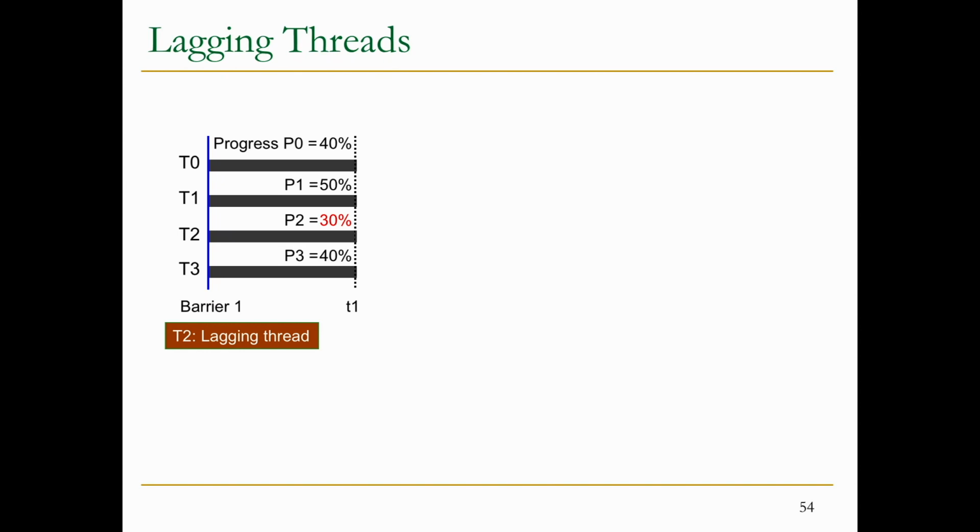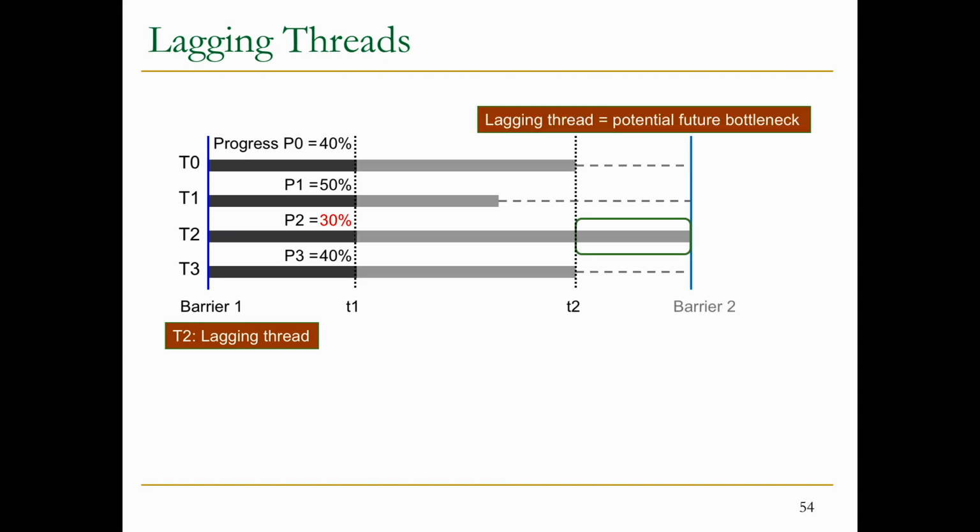Of course, this requires you to know how much work, for some measure of work, you have for each thread, and to calculate how much progress you made in proportion to that work. In this case, assume you somehow calculated that this thread has made only 30% progress, while others have made much larger progress. Then you can guess, before coming close to the barrier, that this is a lagging thread, so it's a potential future bottleneck, basically.